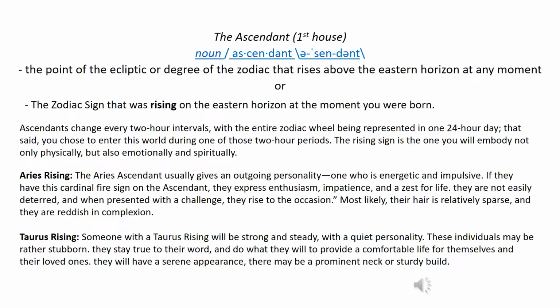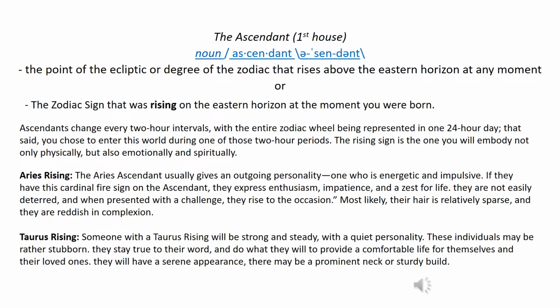Okay, so the ascendant, going back to the very beginning, like I was starting about 9 minutes ago, I think. The ascendant, or the first house cusp, or the rising sign, is our projected image. Like I said before, we've come into life and we look like something.